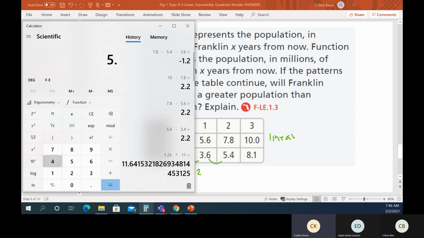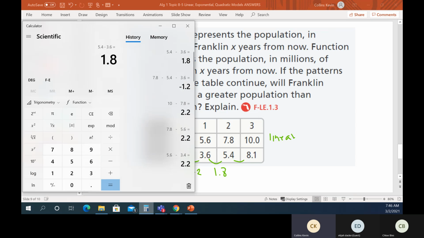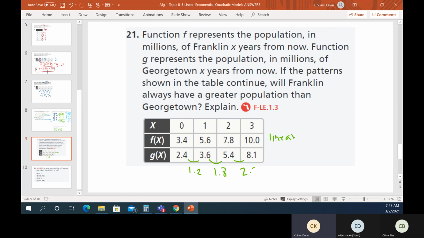So 5.4. That's one thing I've noticed about this online calculator. If you don't clear it out, weird stuff happens. So it's going to be 1.8. And then this last one, you've got 8.1 minus 5.4. So that's 2.7. So definitely not linear, right?